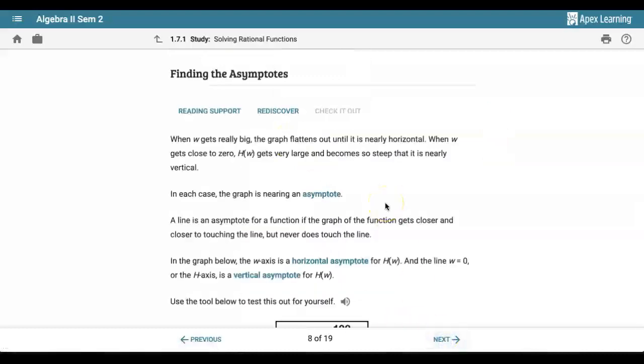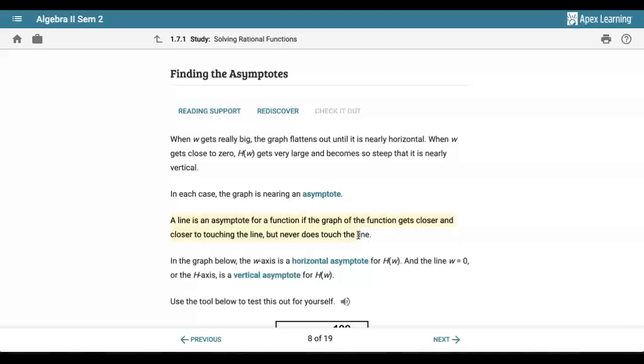Okay, so those things we kept saying, it approaches, it gets really, really close to, but it's not touching. Those are what we can call asymptotes. An asymptote is a line where the function gets close to touching that line, but it never touches.